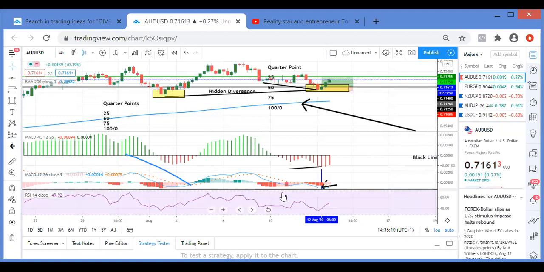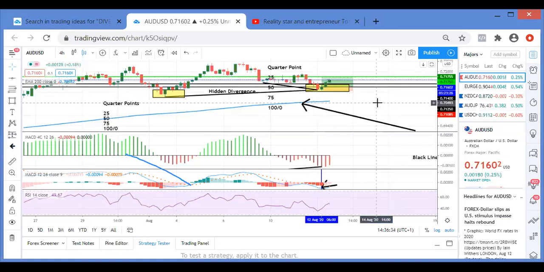But the reason why it'll be okay to use is because when it's down here, that obviously indicates that it's oversold. So if it's oversold, it indicates that the market is about to continue with the uptrend.